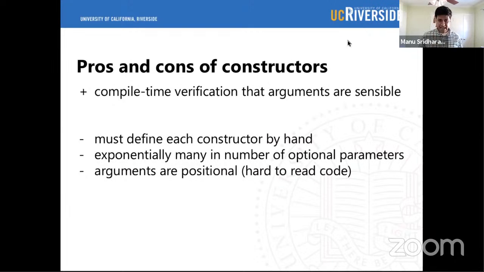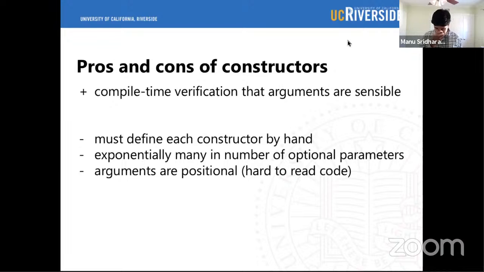First, as you saw, we had to define 2 different constructors in that case. And you have to write each of these by hand. And as the number of optional properties grows in your class, the number of constructors you have to write for all the different combinations will start growing exponentially. So that's definitely a problem.